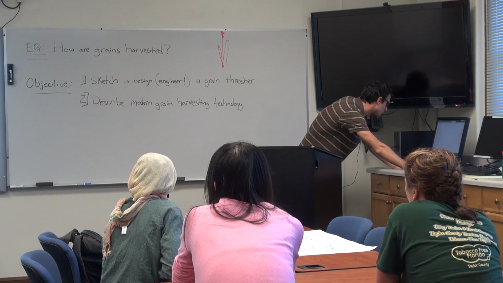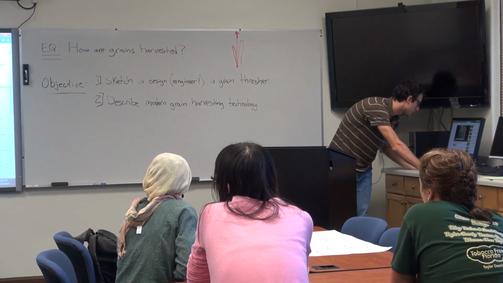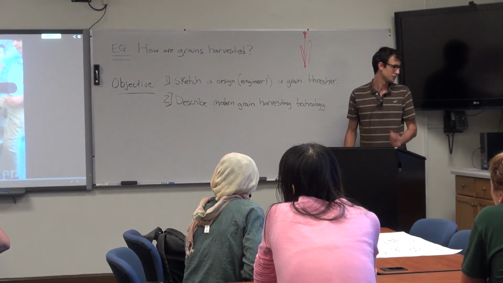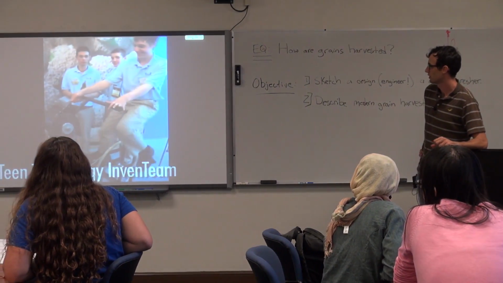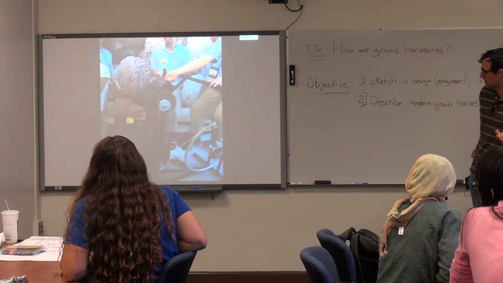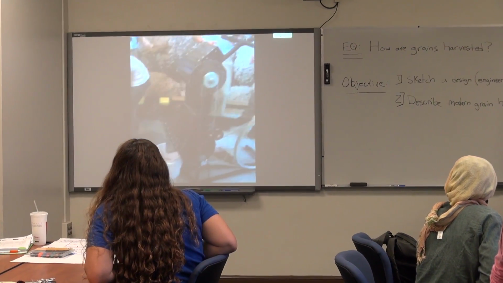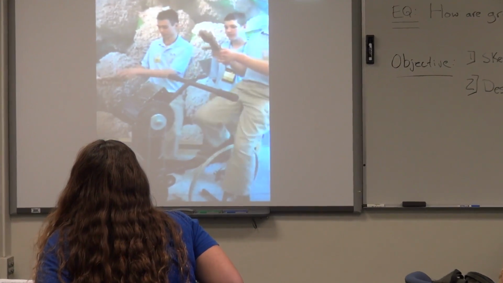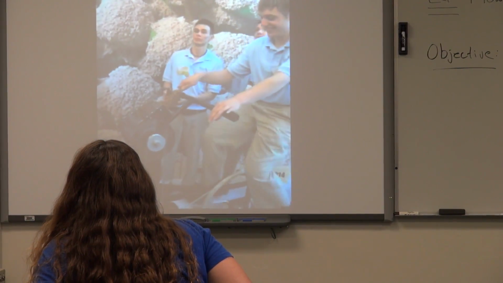And this was the last one. A pedal-powered thresher. So this was actually a high school project. It's definitely a sophisticated design because they're using metal and some things that would be pretty hard to put together in a machine shop. Takes a lot more resources than the other ones that we saw.